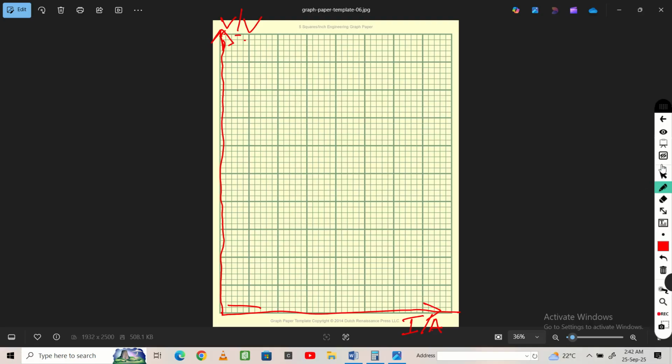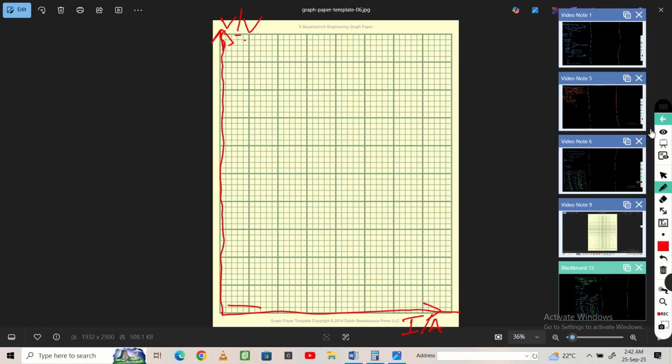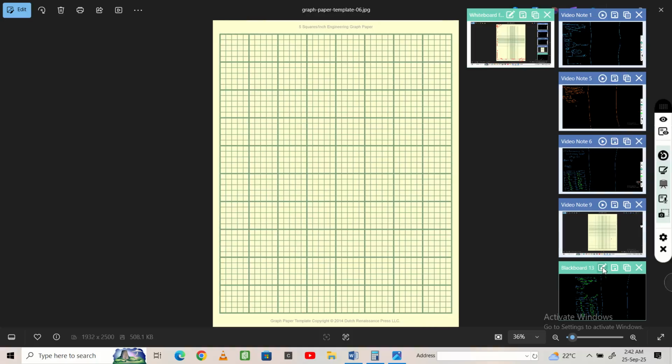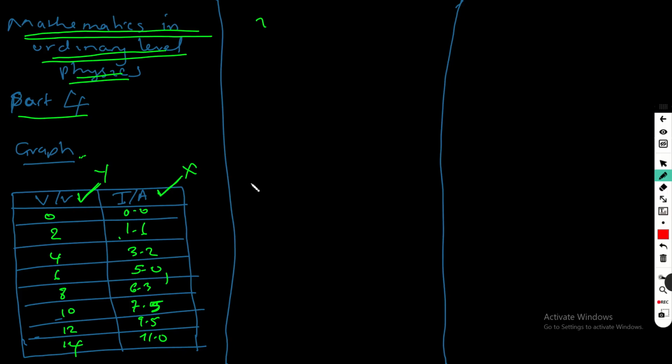Okay, now let's go back. How do we choose the scale? To choose a scale, start with the y-axis.